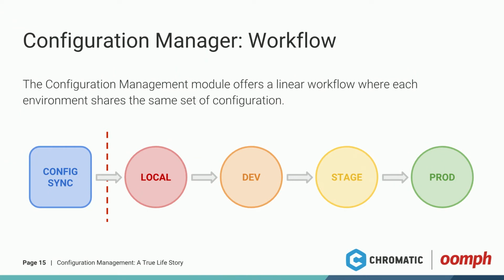So the configuration manager workflow by default is a single path. Basically, you do a config export. All of your configuration is exported to one folder within your code base, and then you can move that configuration from your local environment to your dev environment, to your stage environment, to your prod environment. So this is really good for small sites.